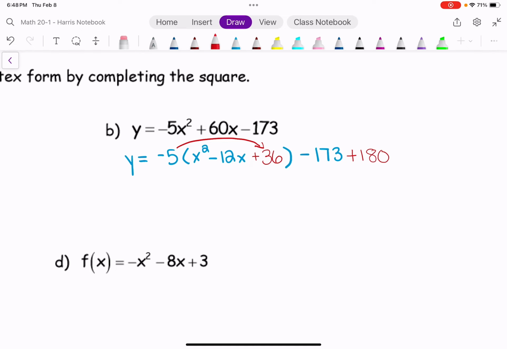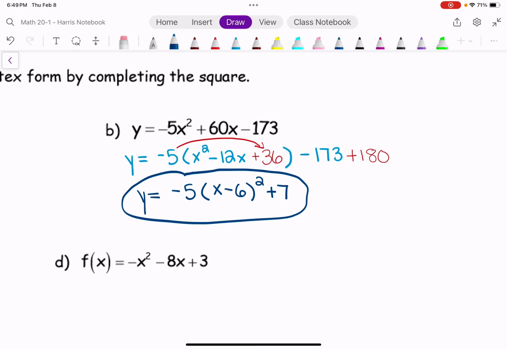Now I'm going to take it one step lower. I'm going to rewrite. So I have negative 5, then I rewrite my perfect trinomial. I have x minus 6 all squared, and then negative 173 plus 180 gives me a positive 7. This is then my final answer here.